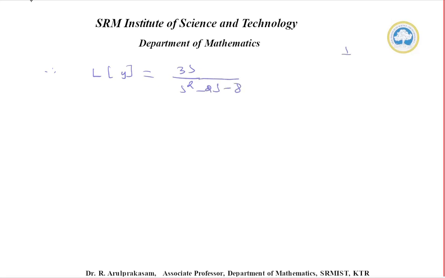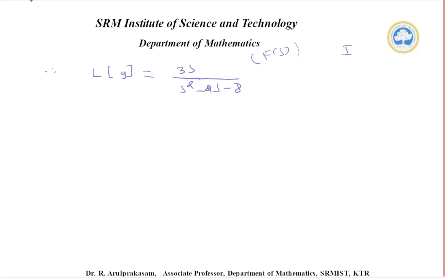It is the first step: to the given equation, we simply applied the Laplace transform, used the linearity property and applied the Laplace transform derivative formula. I simplified, and I got L of y in terms of a function, simply denoted by f of s, right?